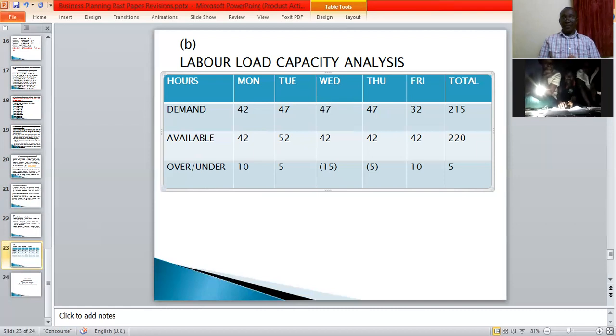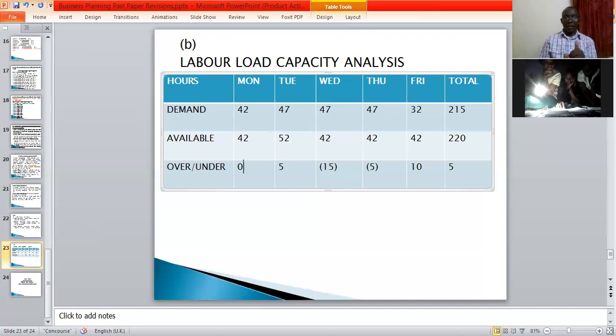Are we following? Yes. So if we have 42 on Monday demand and the available 42, then the over and the underload becomes 0.